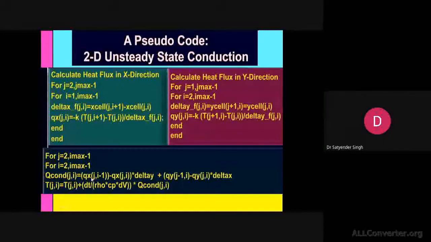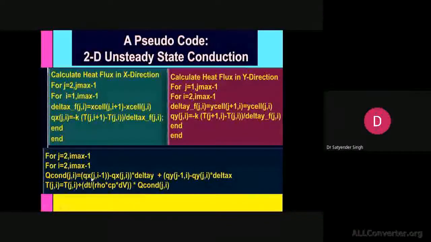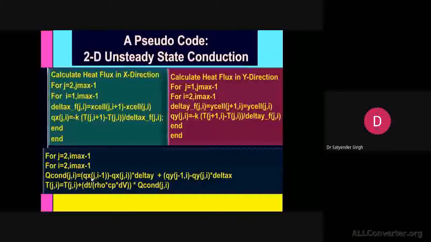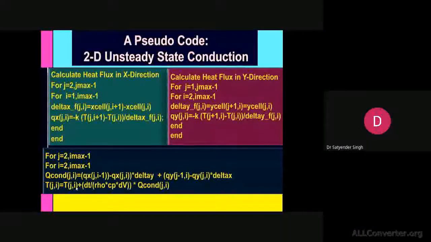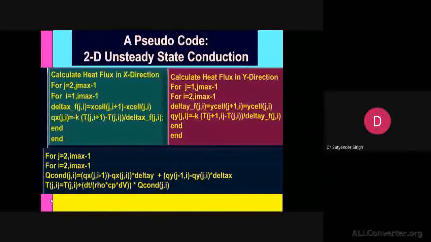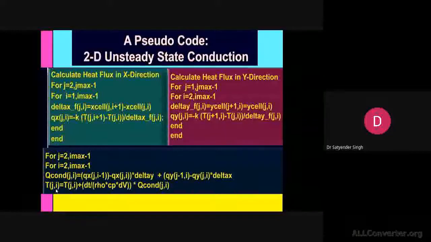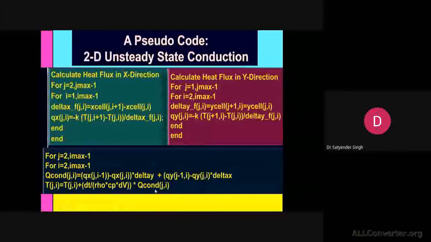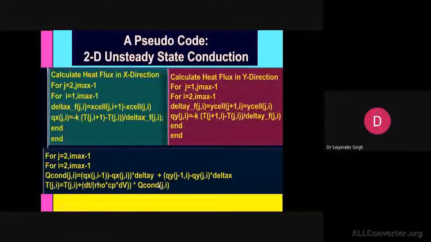Conduction will be the difference of the fluxes, that is the heat gain, meaning the flux entering from, let's say, the left side and leaving from the right side, the difference between these two. So likewise we have written it for x, and this is for y. And finally the algebraic equation that we have generated by applying the explicit method on the conduction equation, this particularly gives us the solution.